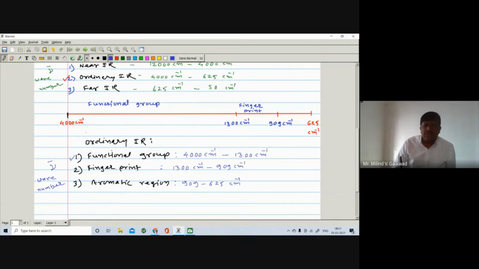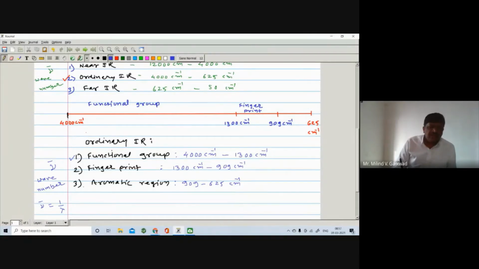We have learned already about the wave number in the introduction to IR spectroscopy. The wave number, mu bar, is equal to 1 upon lambda.